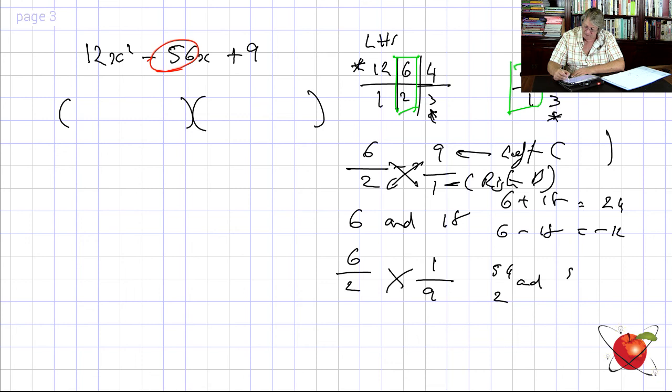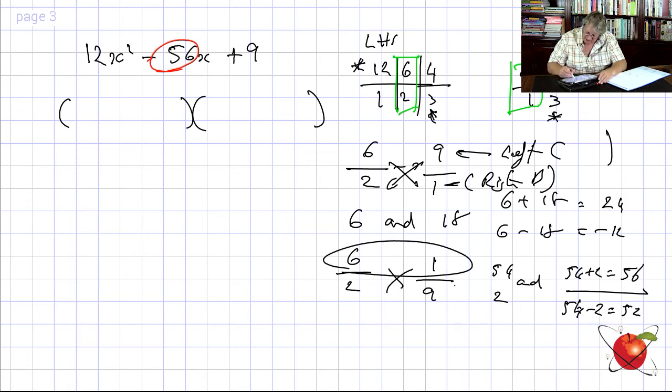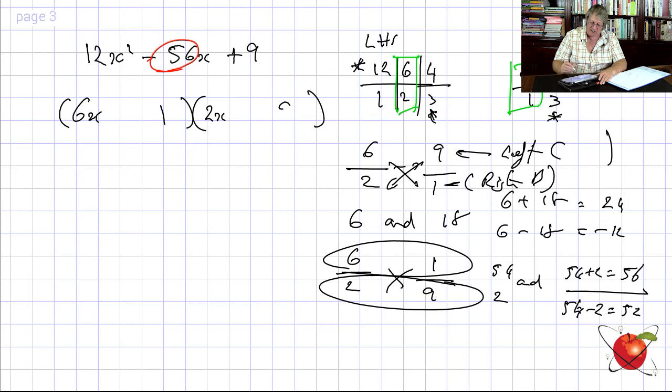So 54 plus 2 is 56. Yep, hallelujah. Eureka, as Archimedes shouted! We have found it, because 54 minus 2 is 52, and that's not what we're after. We are after 56. So we now know there's our bracket and there's our other bracket. It's a 6x and a 2x and a 1 and a 9.